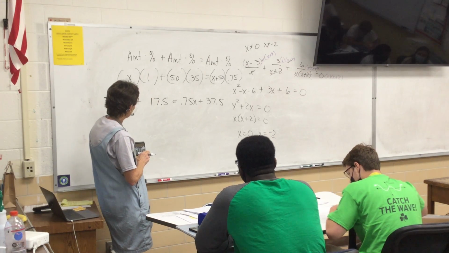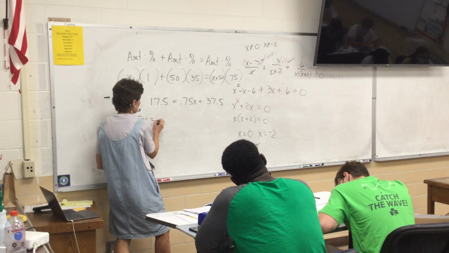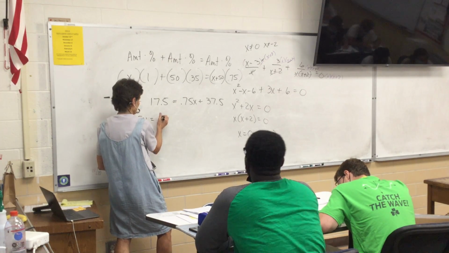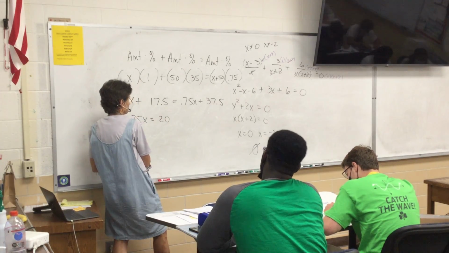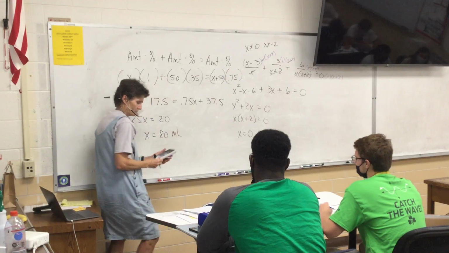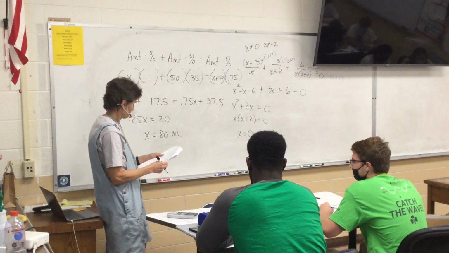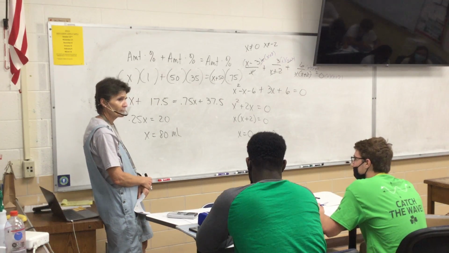Okay, we all right so far? So 0.25x equals 20. I got 80. Everybody okay with that?